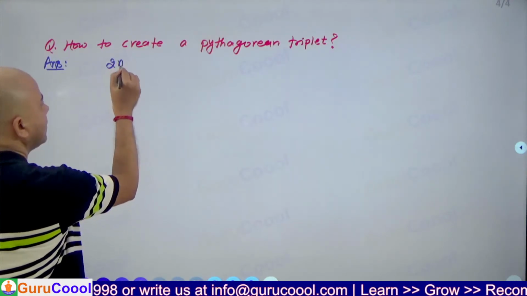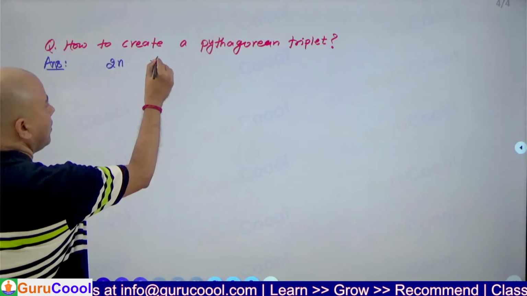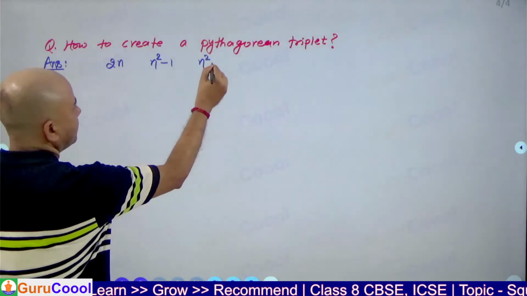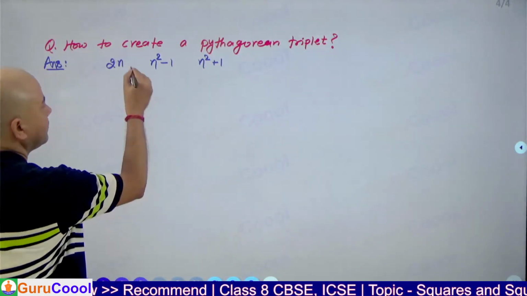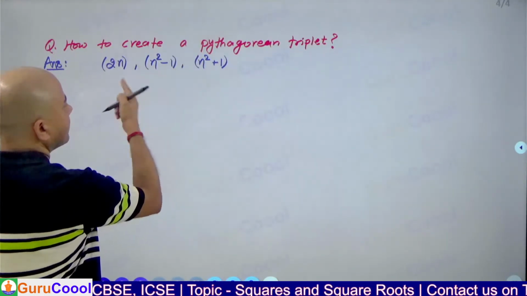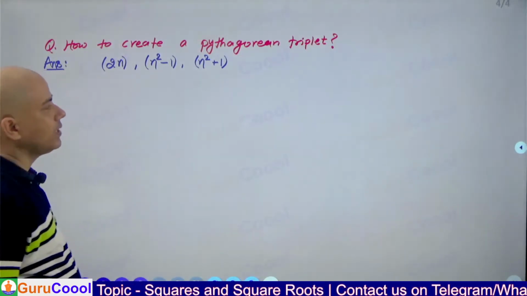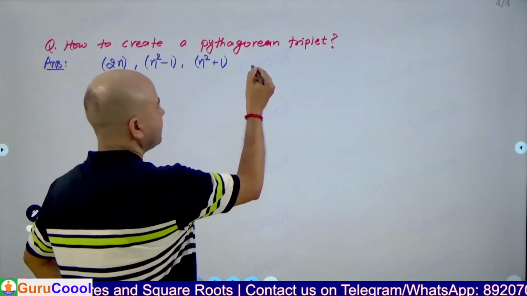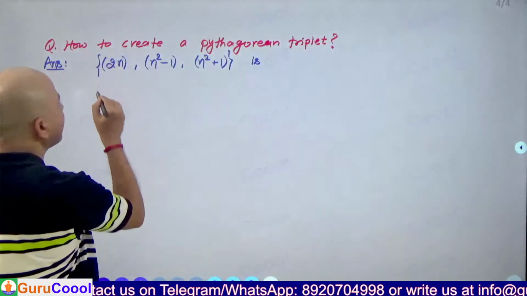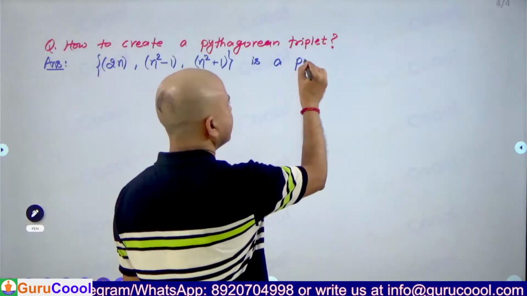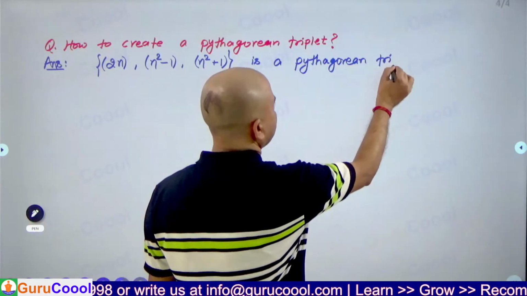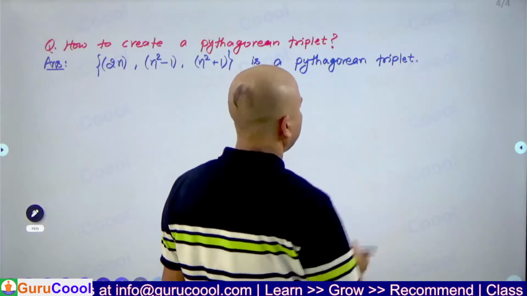2 times n, n square minus 1, n square plus 1. These three numbers will always create a Pythagorean triplet.